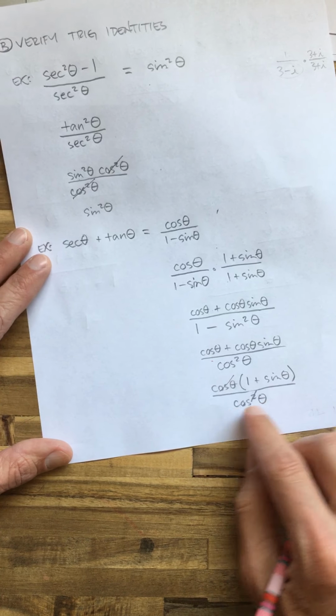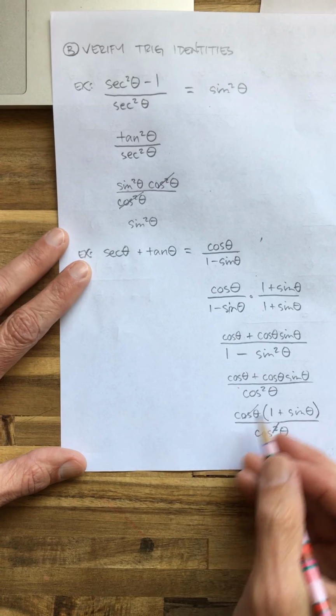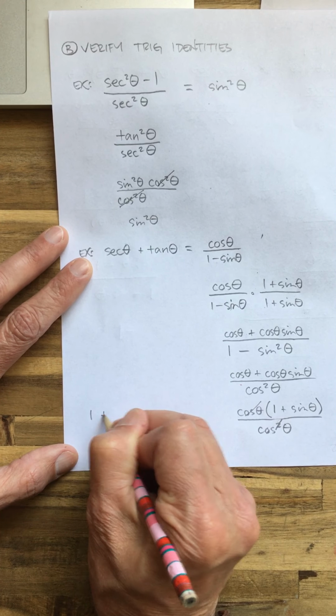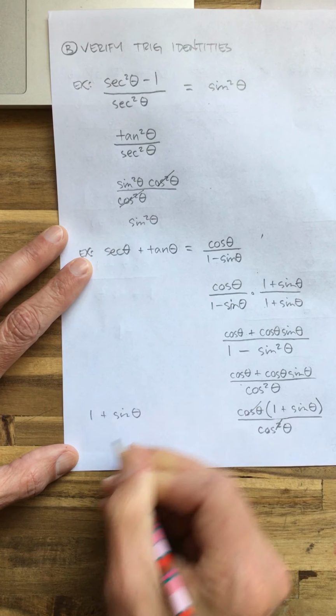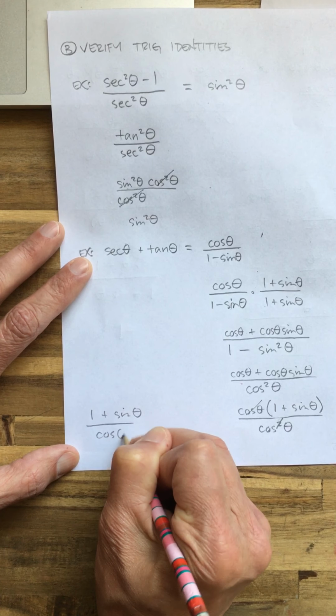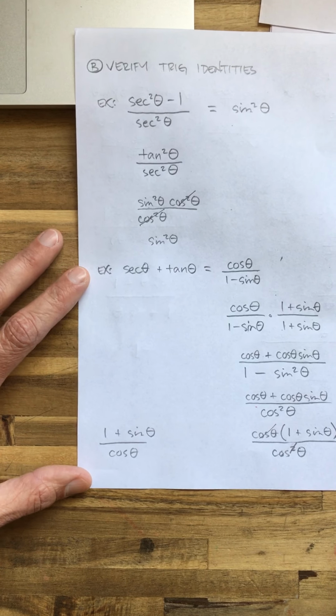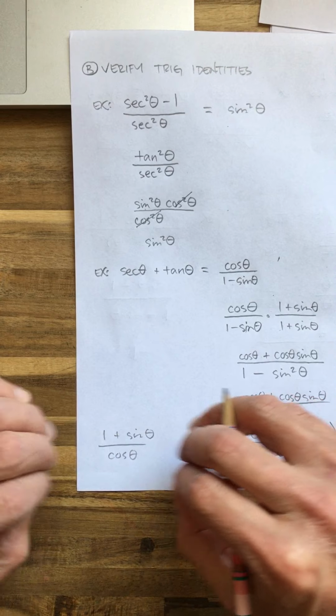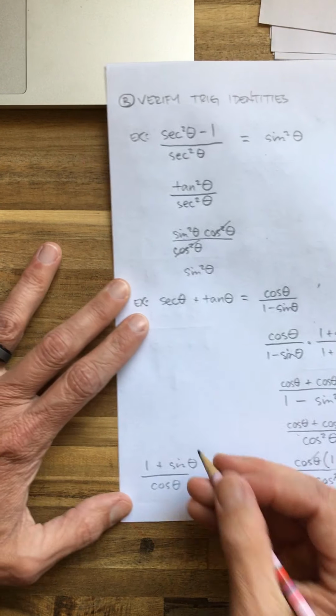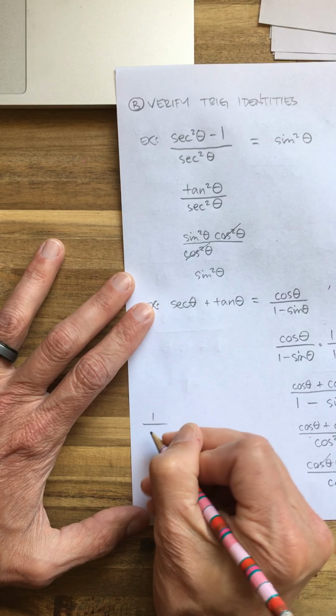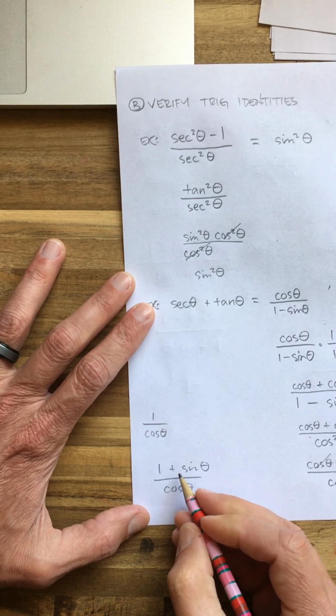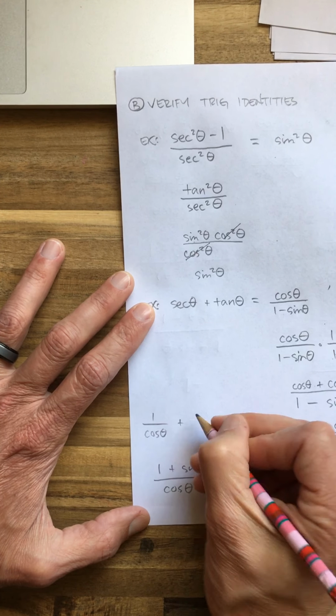Now look what I have: 1 plus the sine of theta over the cosine of theta. Watch what happens. I'm going to split that into 2 fractions: 1 over cosine theta plus sine over cosine theta.